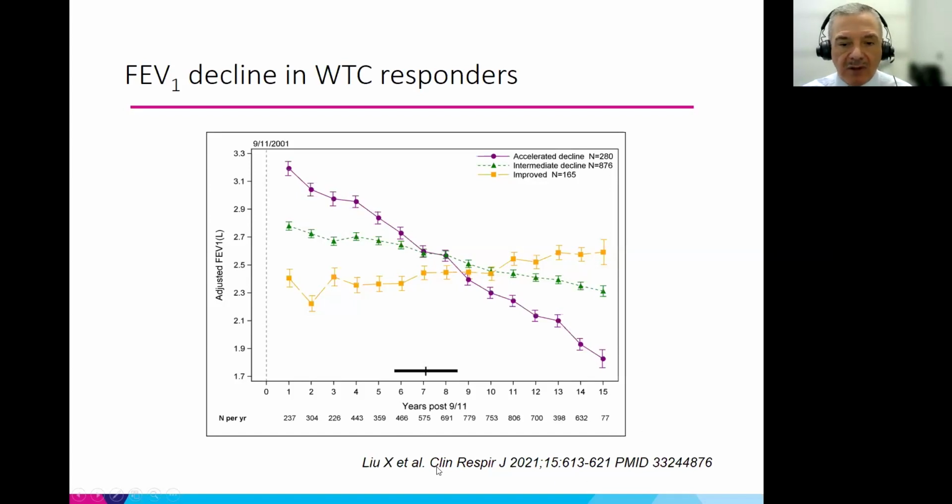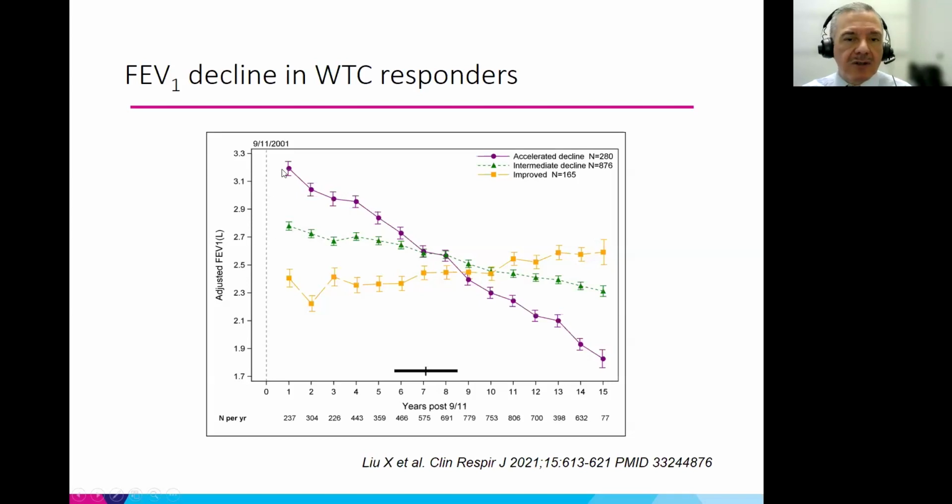This is an example of a series that we published a few years ago, about 1,400 World Trade Center responders that had CAT scans. And this is their lung function trajectory. In general, we know that the majority of people, the average decline in lung function over these many years of follow-up, is about what would be expected in the general population. But averages are averages.